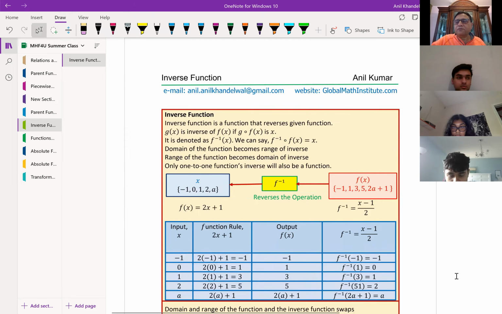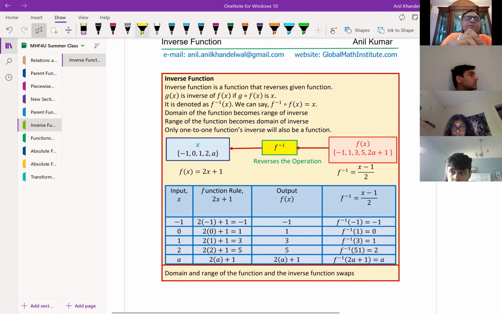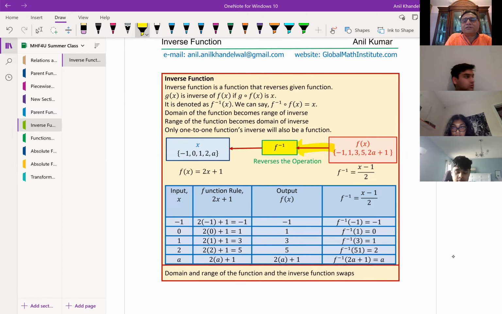So basically, inverse function is shown as given here. So f with -1 as a superscript is inverse of a function sign. So you must notice now that we have these arrows which are going in the reverse direction, correct?